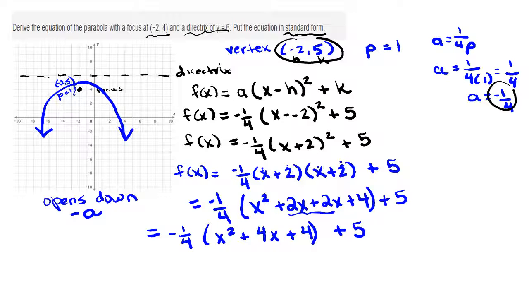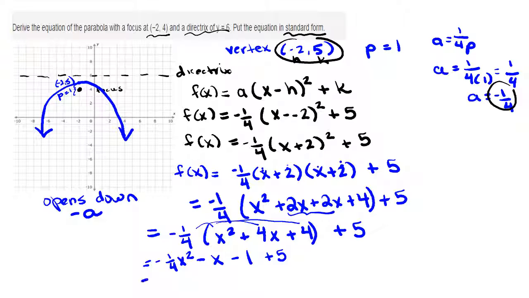Almost there. I'm going to distribute this negative 1/4 to everything inside the parentheses. So we have negative 1/4 x squared, minus, or negative and positive is going to be minus, 1/4 times 4x is just x. And negative 1/4 times positive 4 is minus 1, plus 5.